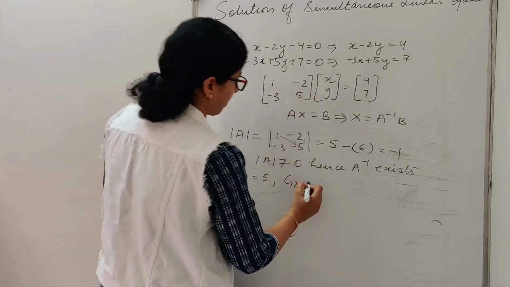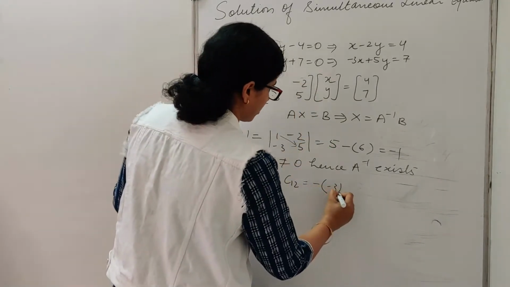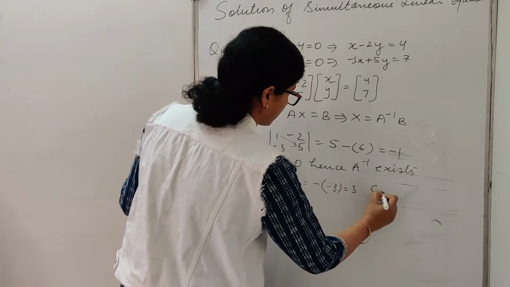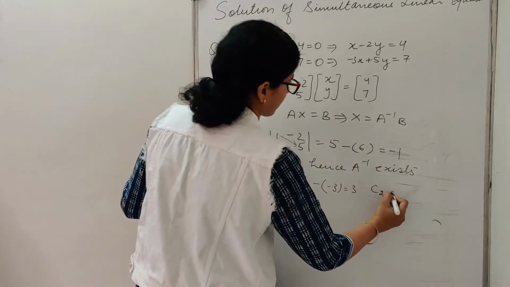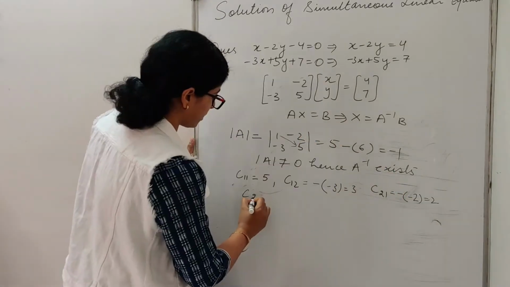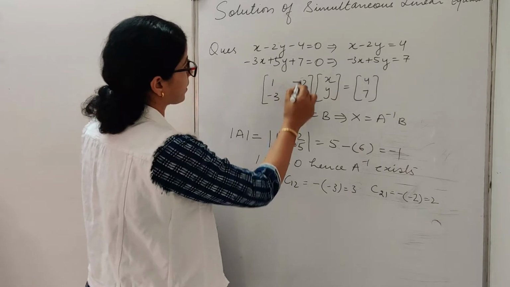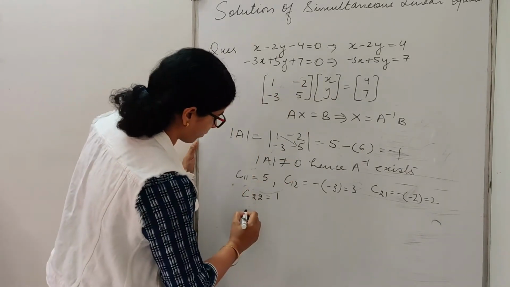C12 has a minus sign. So leave the corresponding row and column, which is equal to 3. C21 you find out. C21 is minus of -2 and C22 is 1.